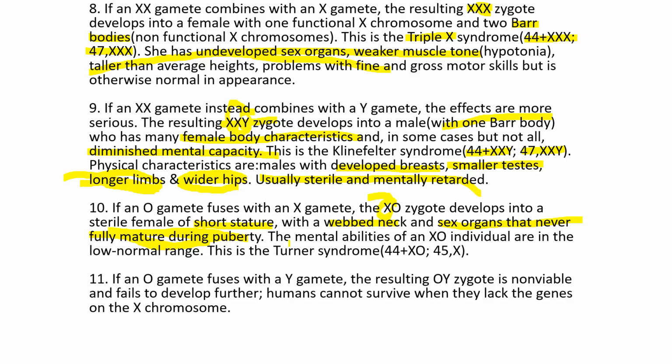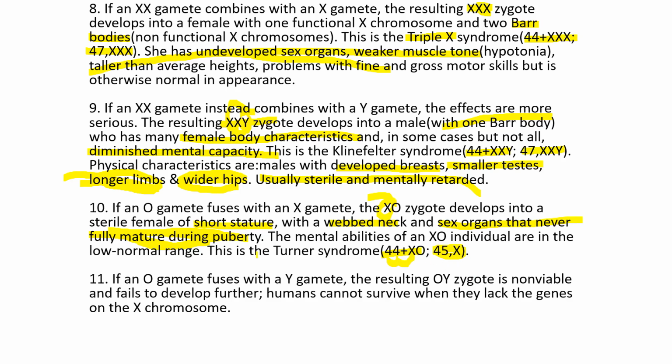They are not retarded, but their mental abilities are not as good as a normal individual. This is Turner syndrome, which is 44 plus XO, or 45X. Why 45X? 44 plus 1 sex chromosome becomes 45.